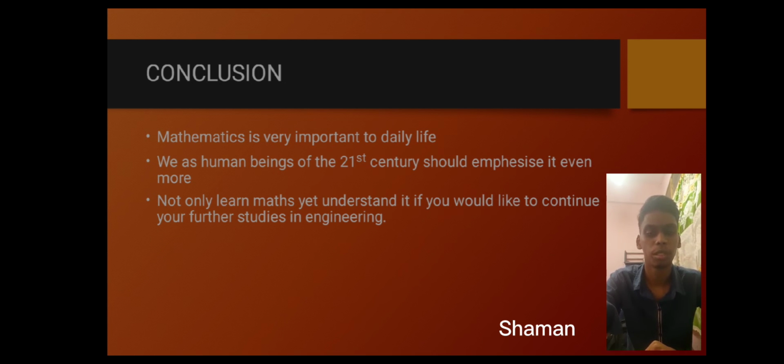In conclusion, we can say that mathematics plays a very important role in our daily life, because engineers have used differentiation, a branch of mathematics, to build and create our homes. It was also used to design our house plans.